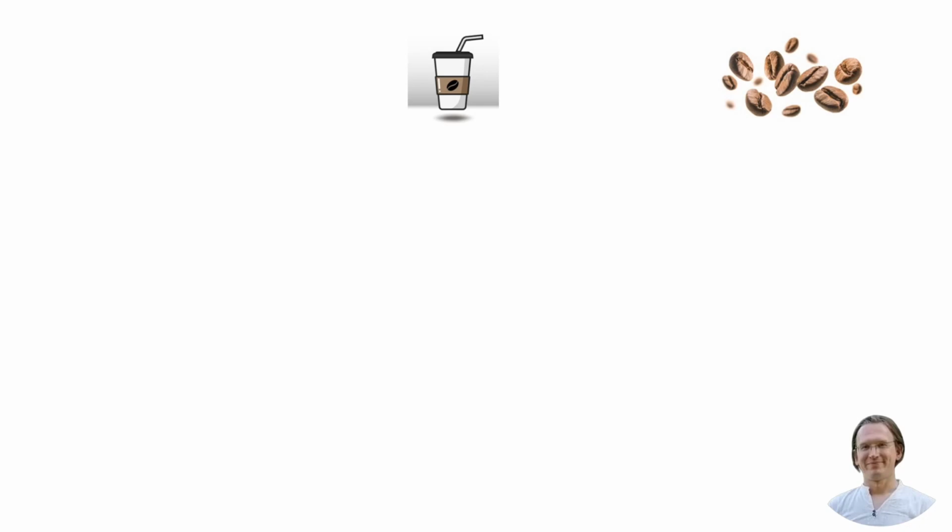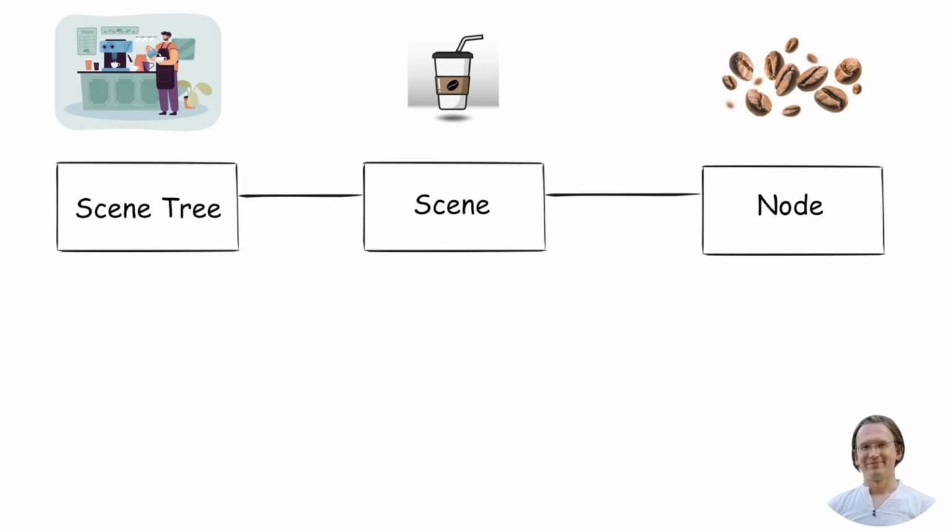And then there's the coffee shop process itself of taking the order, putting the coffee together, the machine, its functioning, the people, the process, the management, and all the rest from when you enter the coffee shop to when you leave. So Godot implements such a process in a similar way with nodes, scenes, and the scene tree.